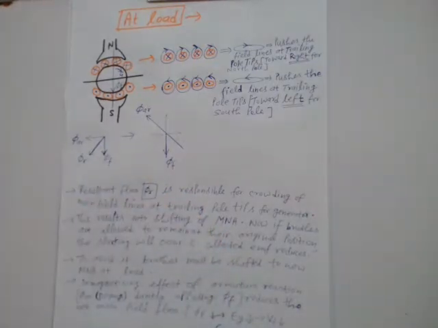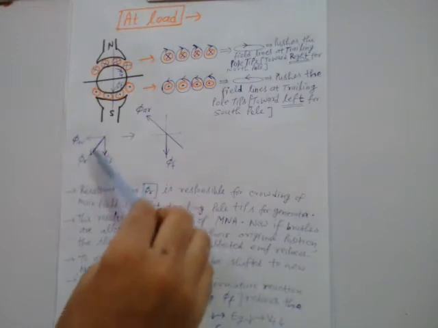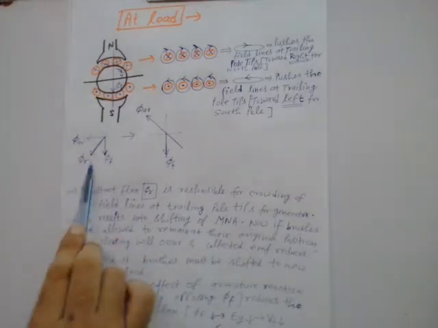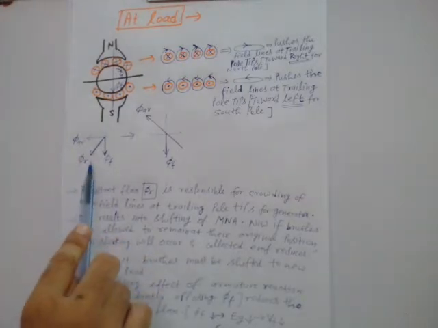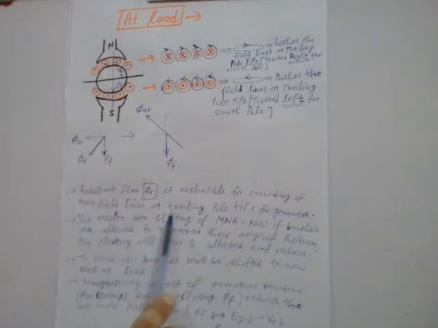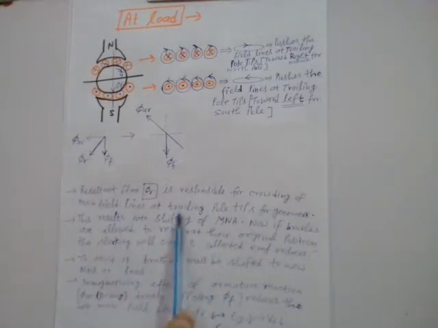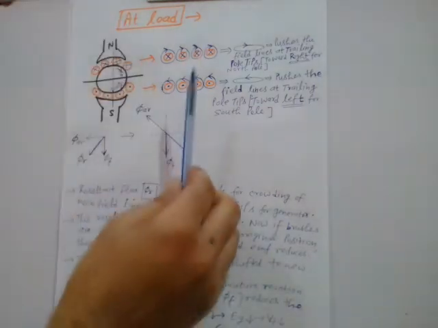Now as soon as the resultant flux is established in the machine, it will be responsible for the crowding of the main field lines, right? So the resultant flux phi r is responsible for crowding of main field lines at the trailing pole tips of the generator, right?